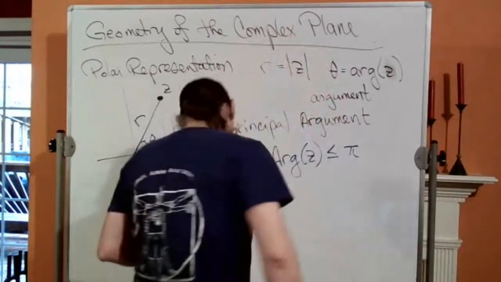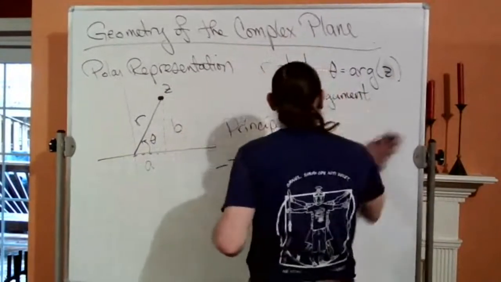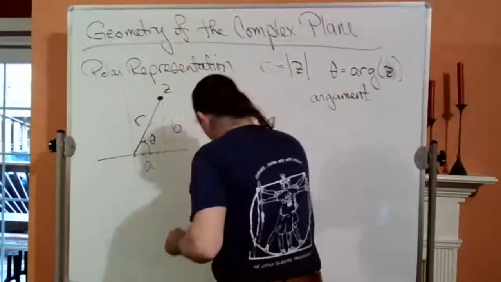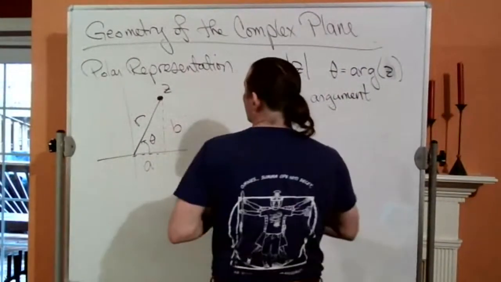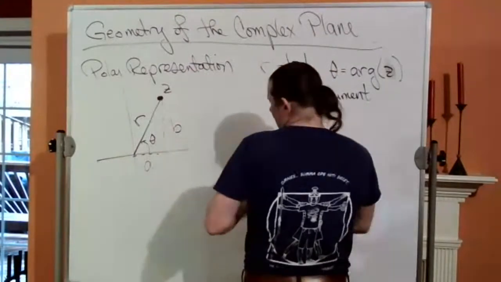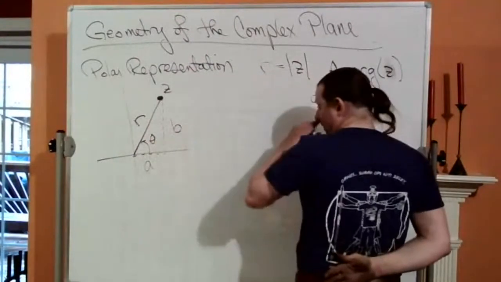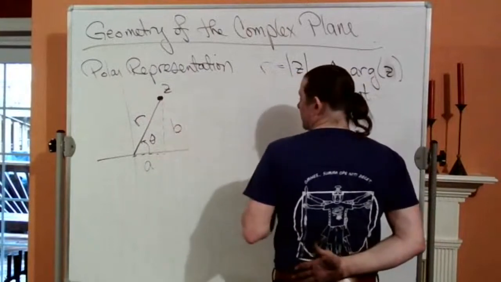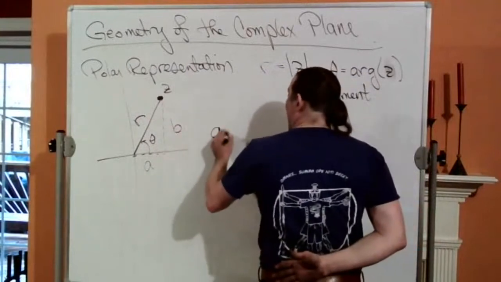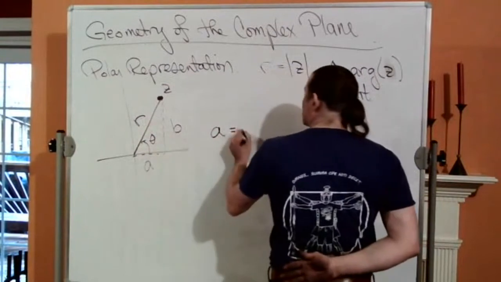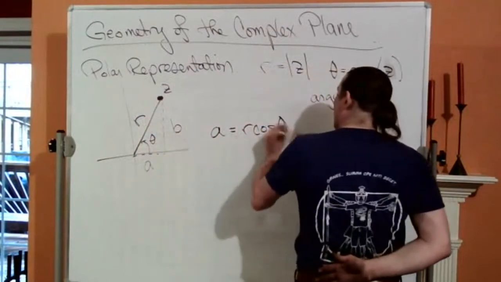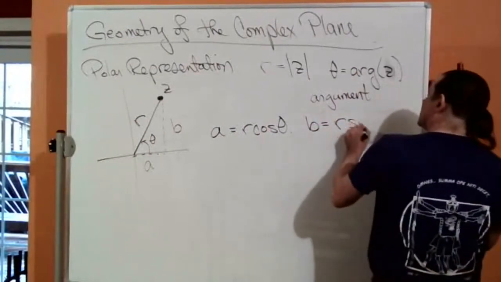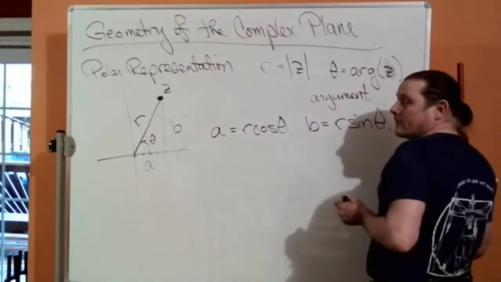So now that we've got that relationship, let's see how we can transform back and forth between Cartesian and polar forms. A is obviously equal to r cosine theta. B is equal to r sine theta.